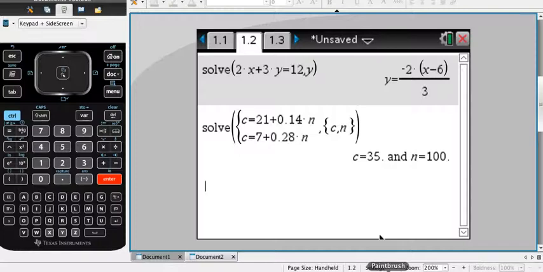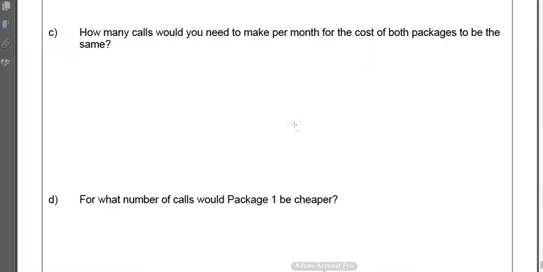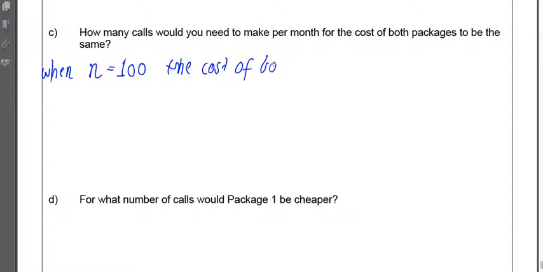So what we can do is mark in that coordinate there. So what I'll do is say, okay, when n is equal to 100, so when number of calls is equal to 100, the cost of both packages is $35.